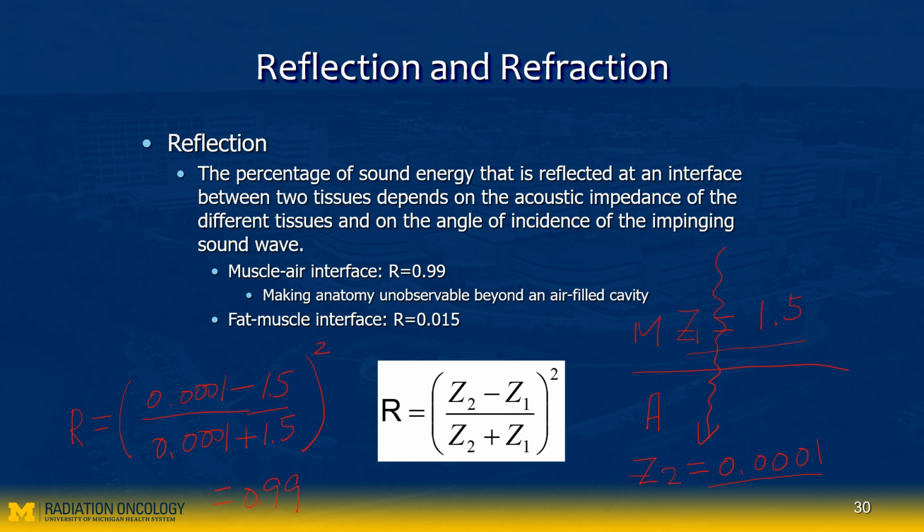Say you have another layer behind this air that you want to monitor, say the prostate, for example. If you have this air in the middle, you cannot observe any signal. Does that make sense? Hopefully it makes sense. So the air is the enemy of ultrasound. If you have an air pocket, you cannot see behind the air. That's why.